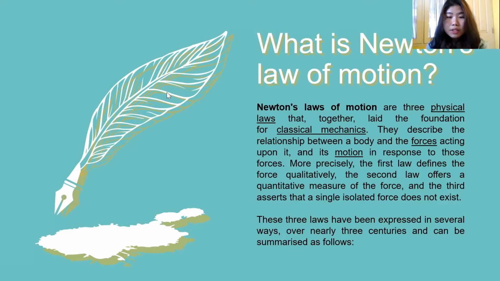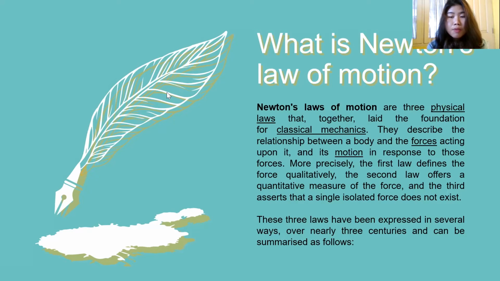They describe the relationship between a body and the force acting upon it, and its motion in response to that force. More specifically, the first law defines the force qualitatively.